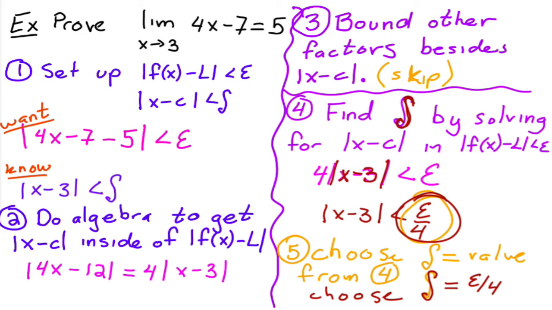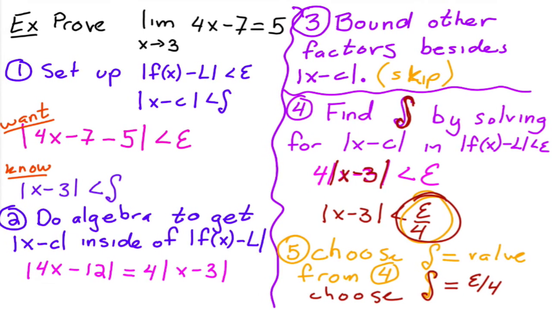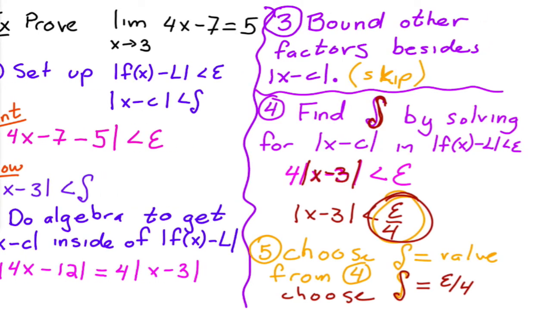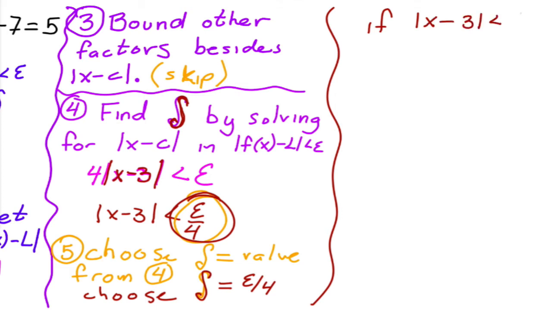Okay, so remember what the definition said. This is what you're trying to prove: that if |x − 3| < delta, then |f(x) − L| < epsilon.